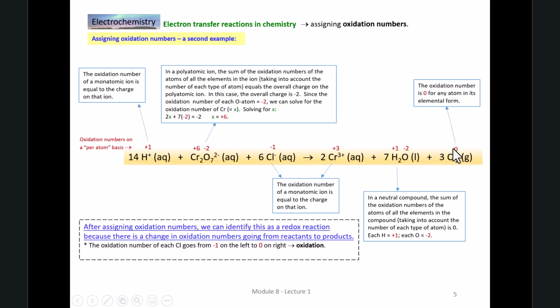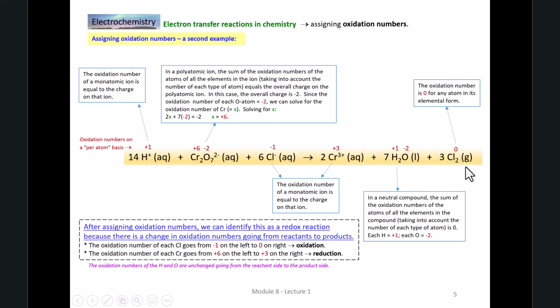So chloride is being oxidized to chlorine. The oxidation number of each chromium is +6 on the left, and on the right it's +3. Therefore, it must have gained negative charges. So it's being reduced. The oxidation numbers of hydrogen and oxygen in this particular redox reaction remained unchanged.